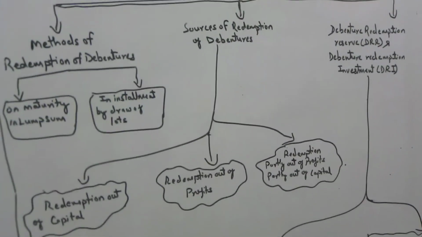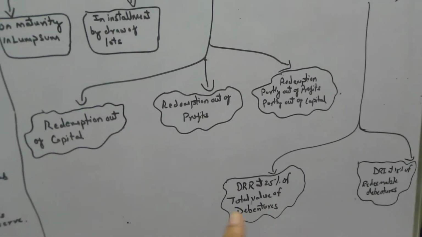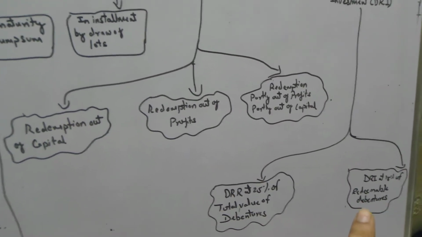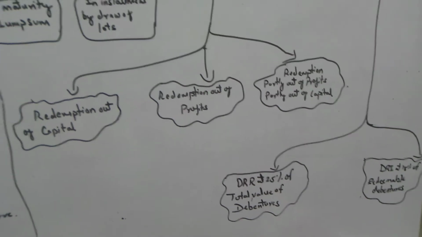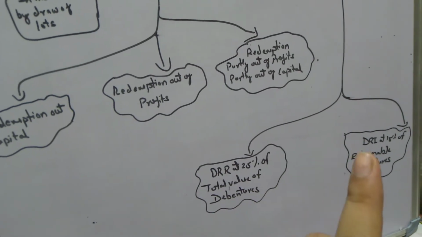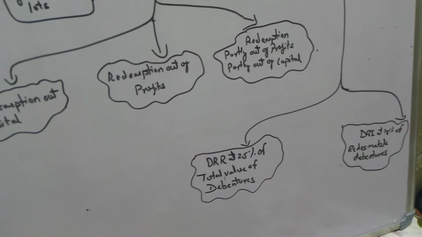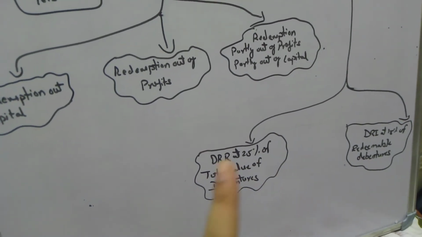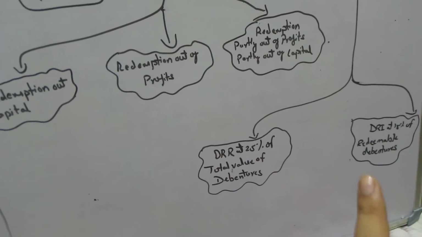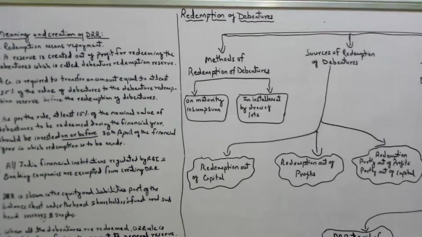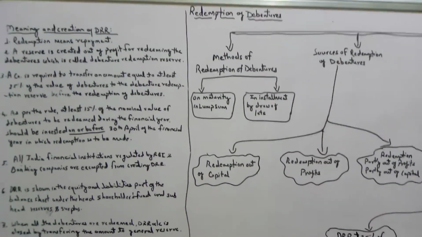So for creating DRR and DRI, for DRR it is 25% of the total value of debentures, and for DRI, whatever amount of debentures we have planned to repay, of that total amount you have to calculate 15%, whereas for DRR it is 25% of the total value of debentures. So this is the topic, and in the next video I'll be coming up with the numericals to get a good insight of this topic.